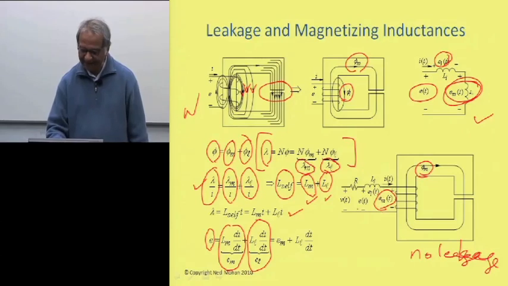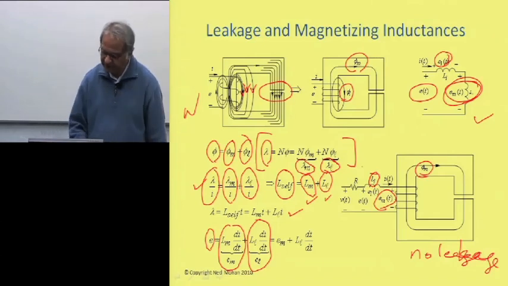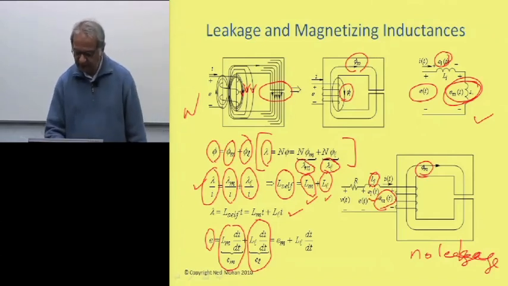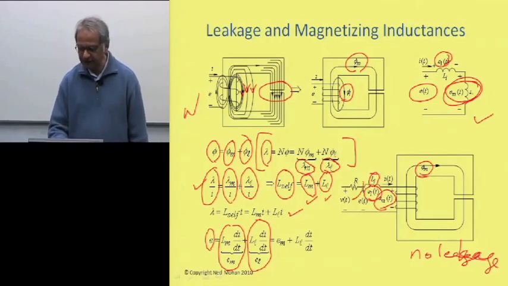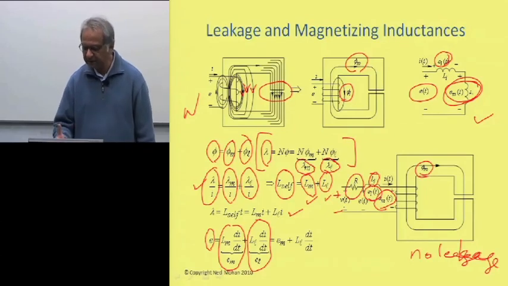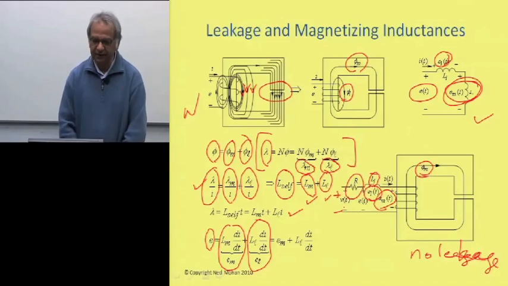Then we put the effect of the leakage flux by means of this leakage inductance shown here, and the voltage drop E sub L over here. And then we can also put the resistance of this coil to make the circuit complete. So this is a very useful circuit, as we'll see when we go to discuss transformers.